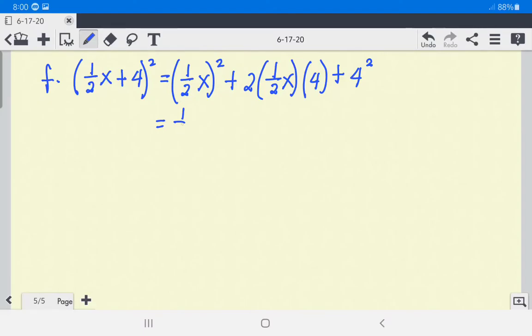So we have 1/4 x squared, plus, okay, 2 times 1/2, that is 1. So 2 times 1/2 x, that is x only, times 4, we have 4x. Then plus 4 squared, or 4 times 4, we have 16. So this is the answer.